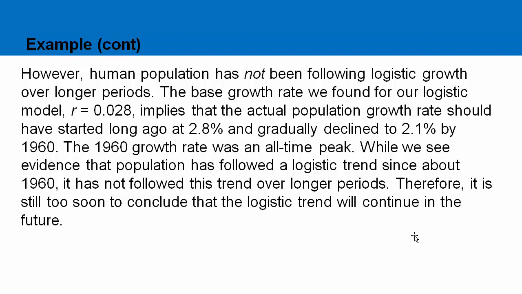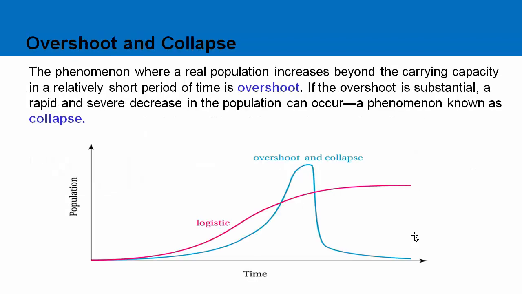Now, even though the model works, our population has not been following logistic growth over longer periods. It seems to look like it in small spurts. And you get these types of things: overshoot and collapse. And this type of overshoot and collapse phenomenon happens a lot in the natural world.